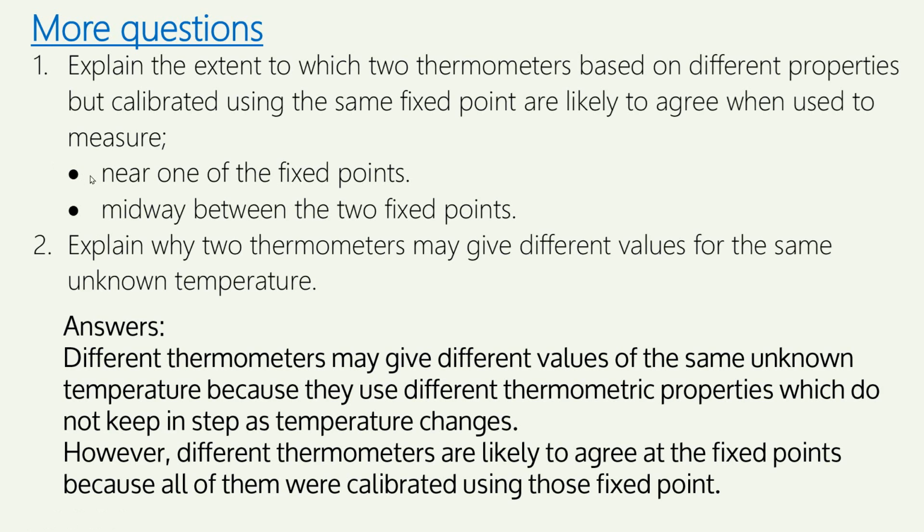The different thermometers may give different values of the same unknown temperature, but they will tend to agree if you are measuring temperatures near one of the fixed points. Why? Because at the fixed points, the thermometers all agree.